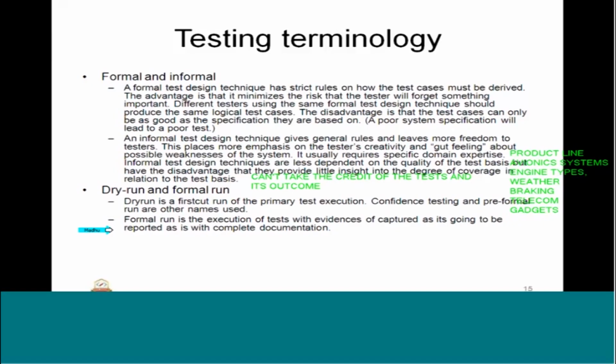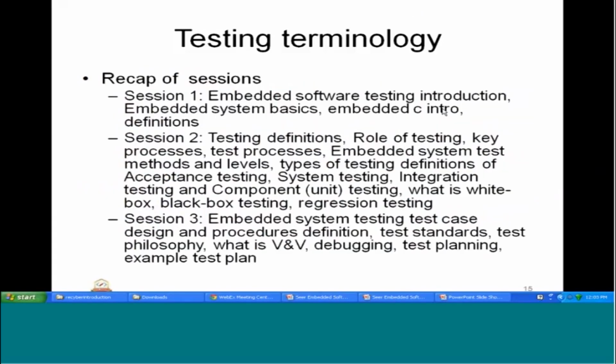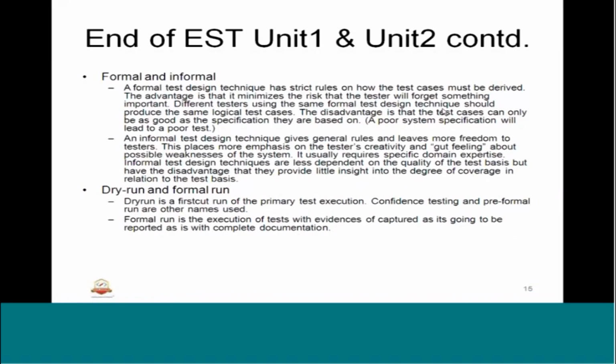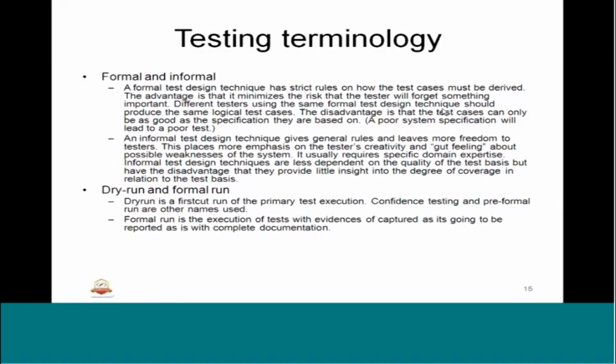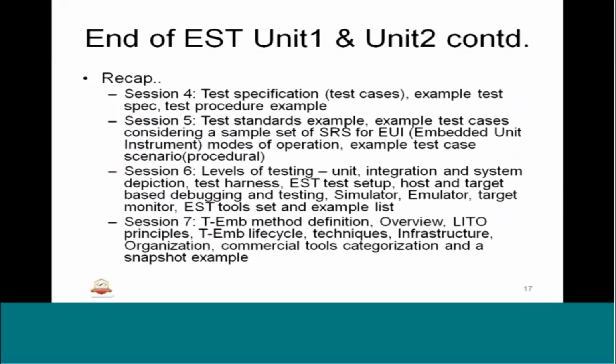So that is about the testing terminology used in the embedded industry, called formal and informal, and dry run and formal run. So with that we come to the end of unit 1. Probably we'll touch base on the chapters we visited so far in the next session.